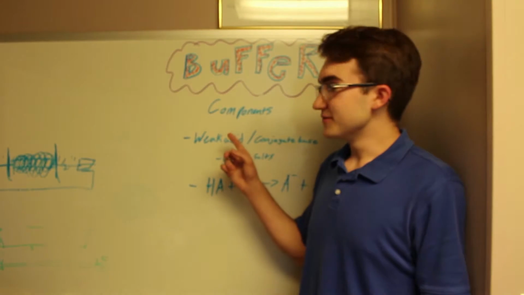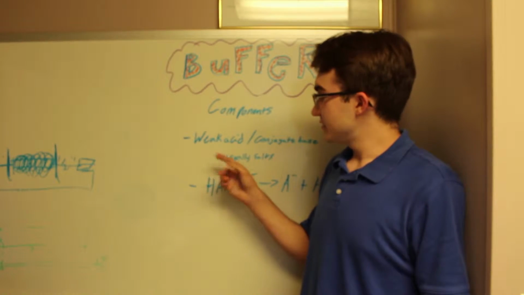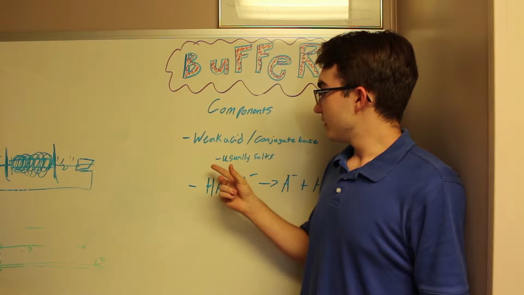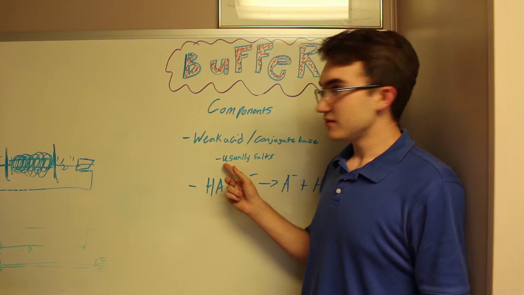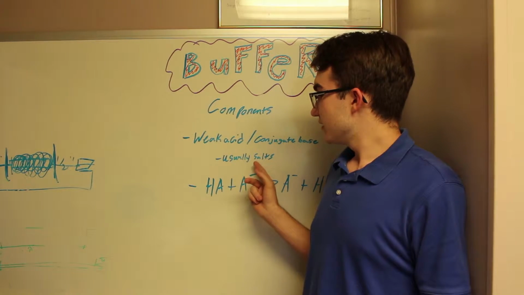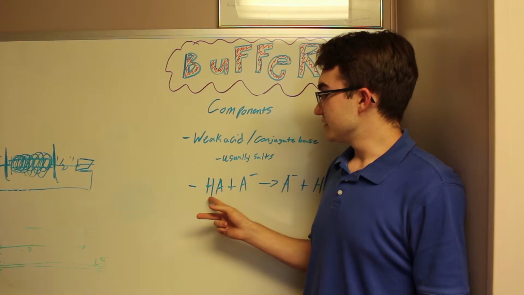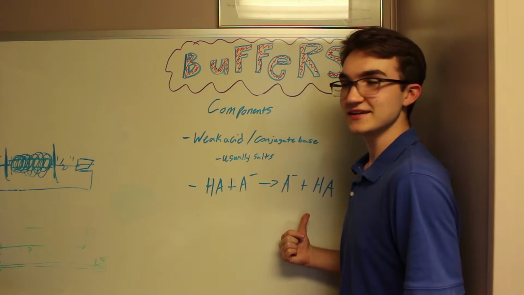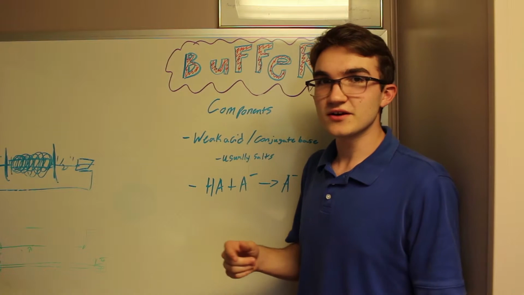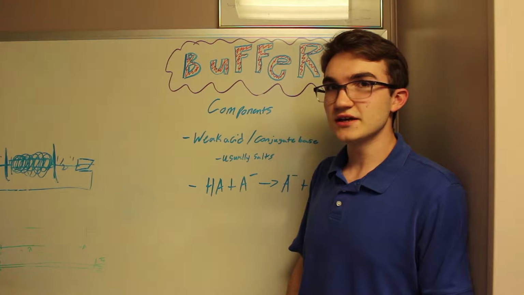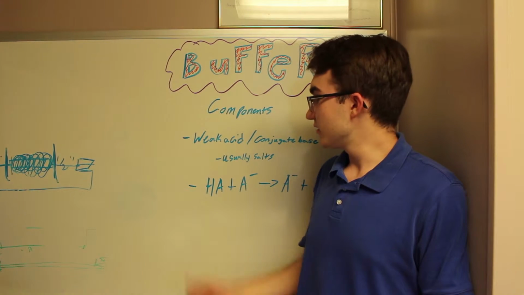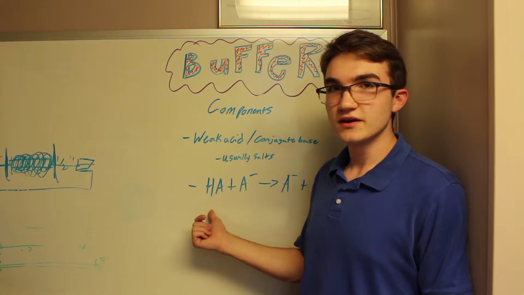Components of a buffered solution include a weak acid and a conjugate base to go along with it, and water. Usually the acid and its conjugate base have the common reaction HA yields H+ plus A minus. This is because a weak acid does not usually dissociate in water, which means that the hydrogen proton on the acid will not come off.